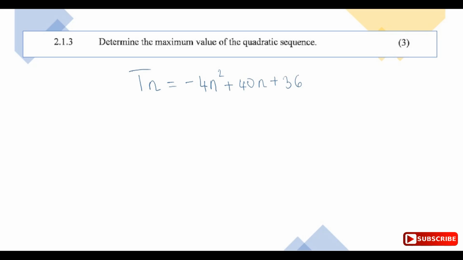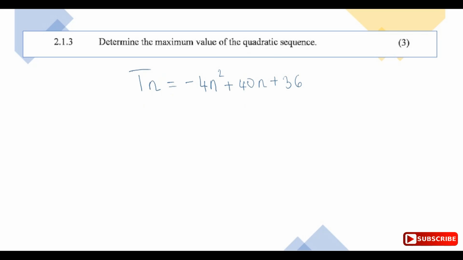By differentiating this equation, we will first be able to determine the maximum position that this value holds in our quadratic sequence, and from there we will be able to substitute that n value into this equation to get what the maximum value of the quadratic sequence is. But the first thing we need to do is differentiate this equation, so let's just start off by doing that.